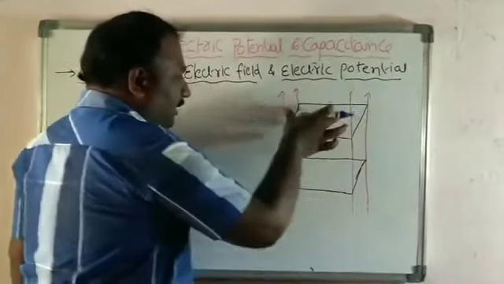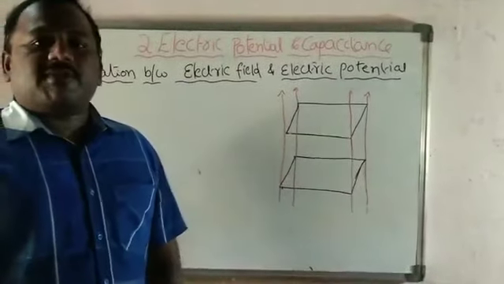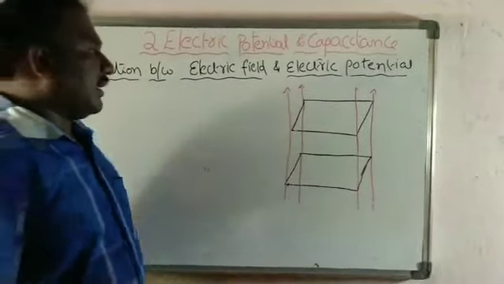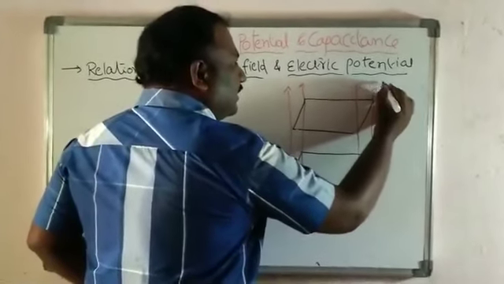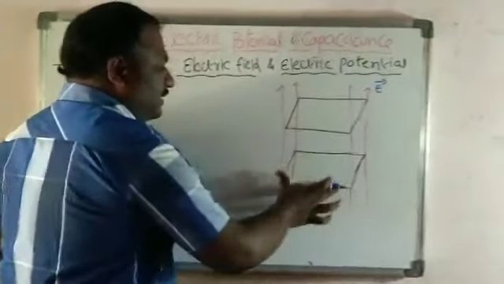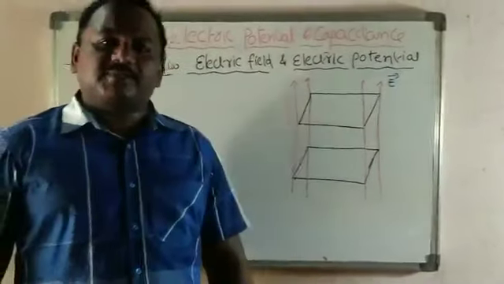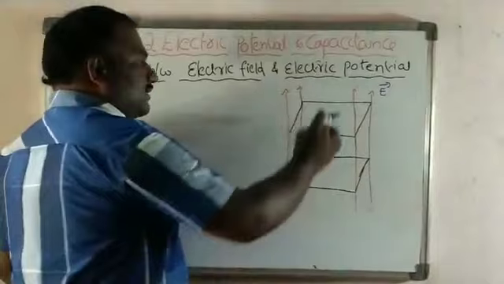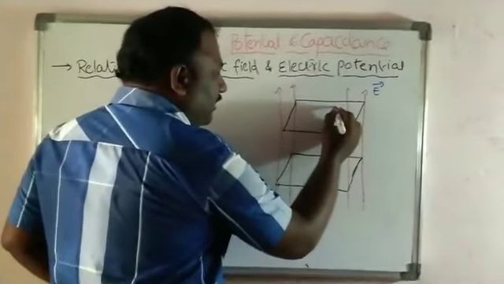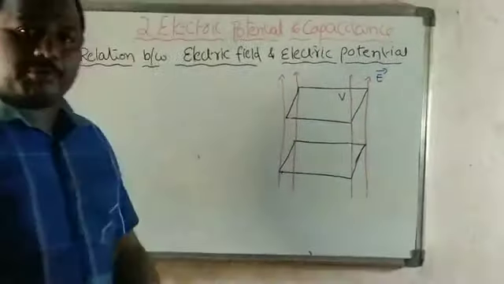So here I consider two equipotential surfaces, and here it is the electric field. These red lines are representing electric field. In that electric field, we place 2 surfaces. Here it is the first surface. It is having the potential V at any point.